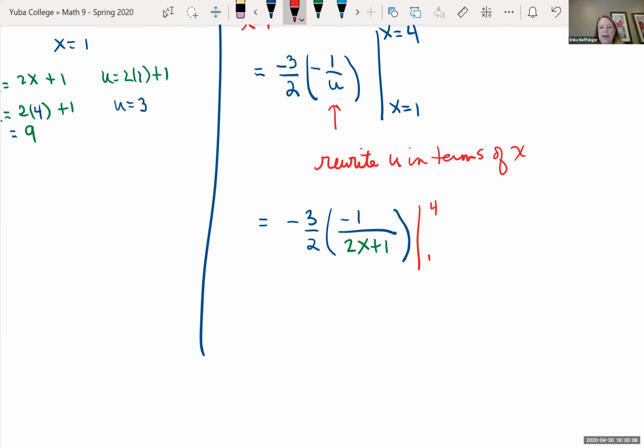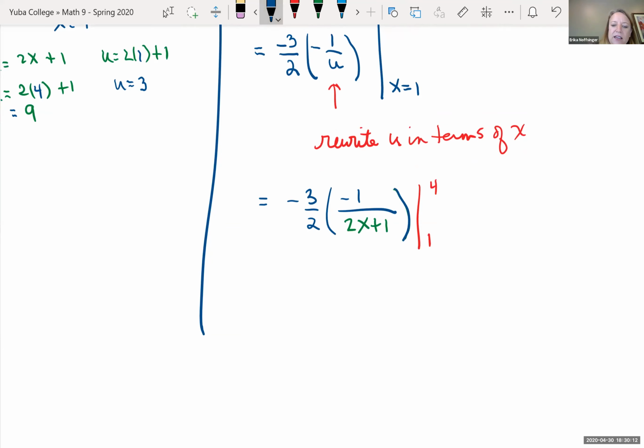So now if we plug in 4 wherever we see an x, actually, I'm going to write that as positive 3/2 out front. I have 1 all over 2 times 4 plus 1. And then minus, now plugging in 1 wherever we see an x, this is 1 all over 2 times 1 plus 1.